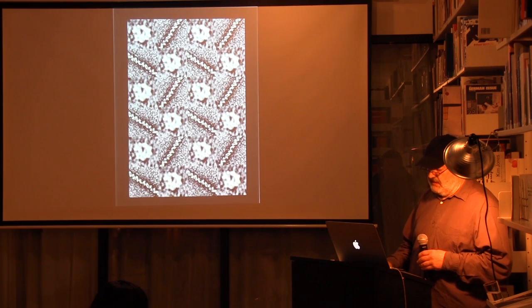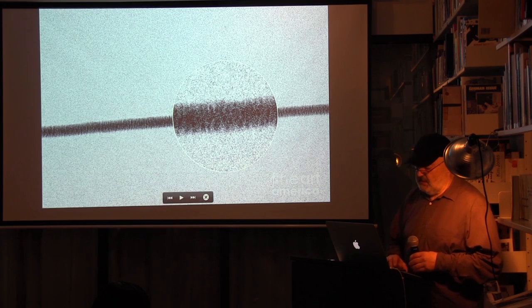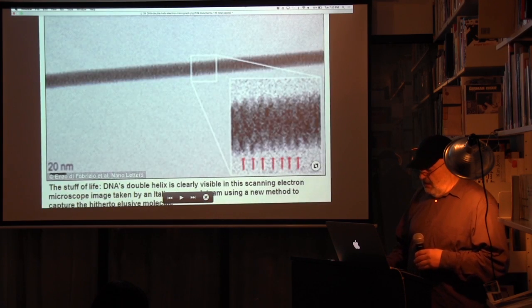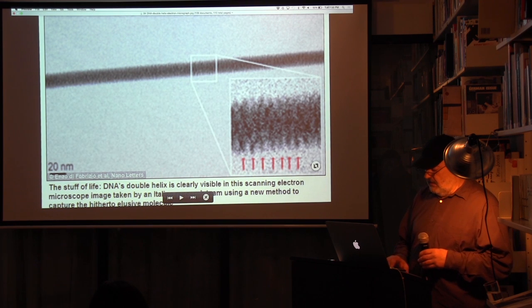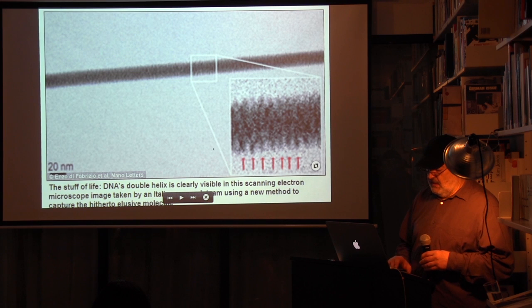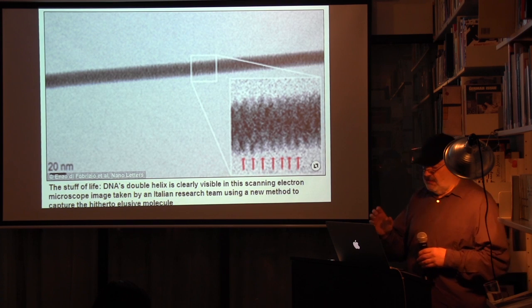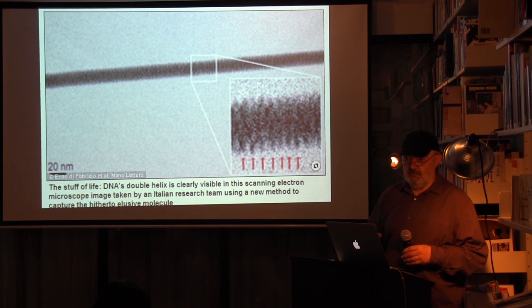This is the most recent picture of DNA, actually. And we can see here, marked with these red arrows, the double helix. It was done by an Italian team, and this is the closest image of DNA we have today as a picture.